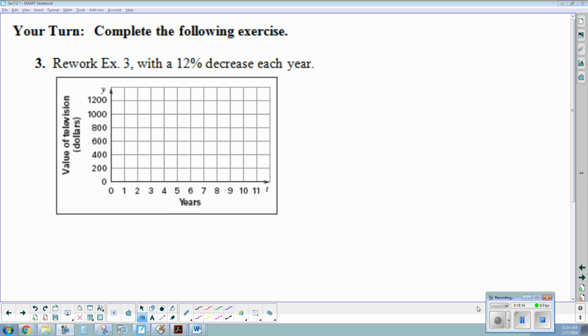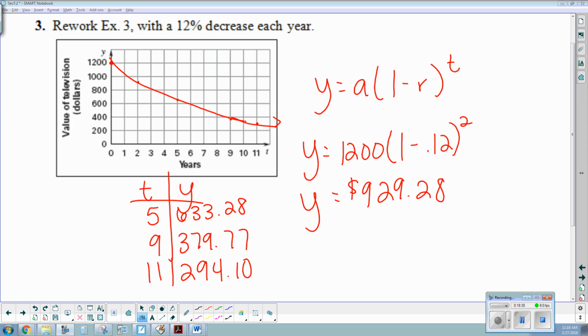Try this next one on your own. You can pause the video while you work. So you're using that same model from example number 3 that we just did together, but now you're using a 12% decrease each year. So now your model is y equals 1,200 times 1 minus 12%, or 0.12 to the t power.